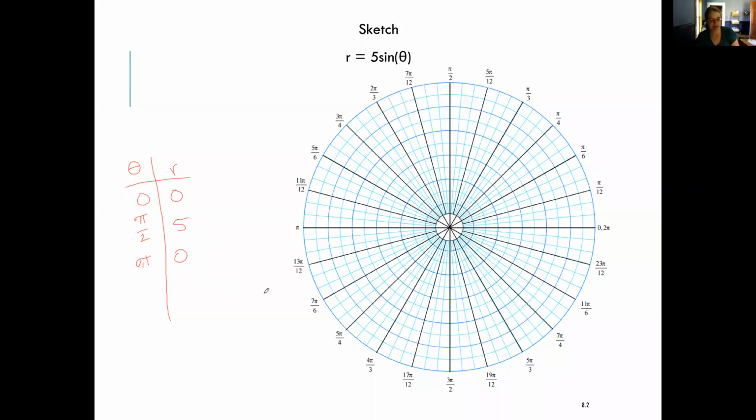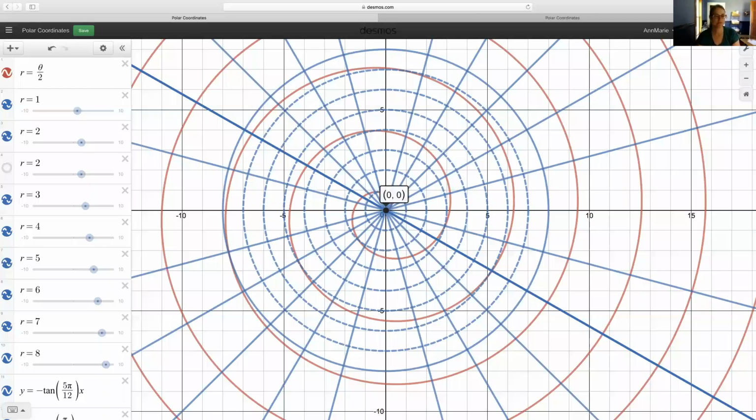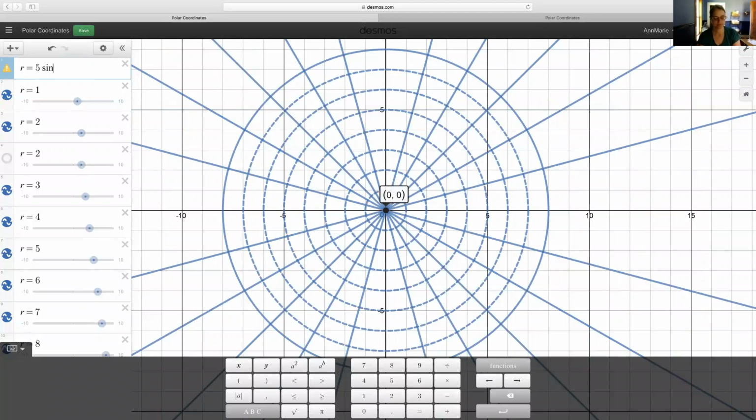So radius equals 5 sine theta. And again, we get a circle. Now, this is a circle that is offset from the origin.